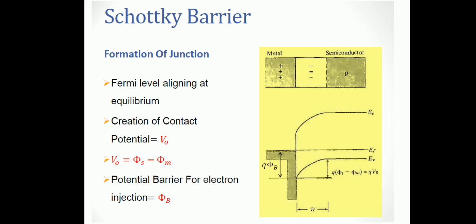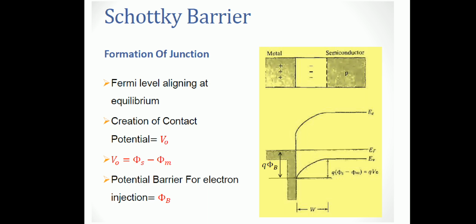The electric field direction is now from metal to semiconductor. The Fermi level aligns at equilibrium as holes move from the semiconductor to the metal, so a contact potential V0 is created, where V0 is equal to phi s minus phi m, and qV0 is shown in the figure.